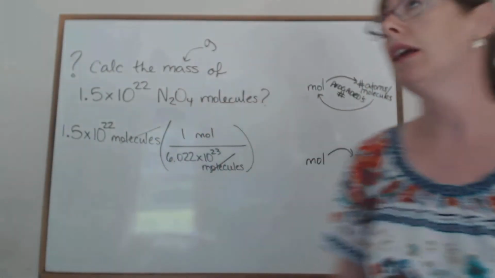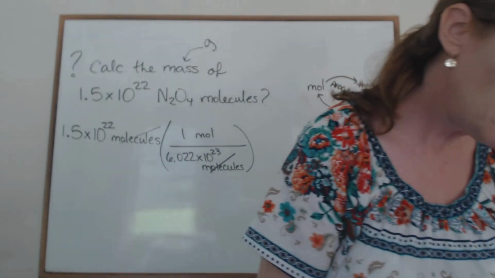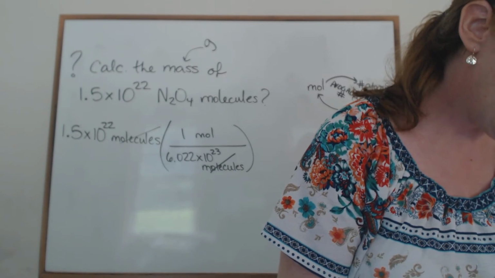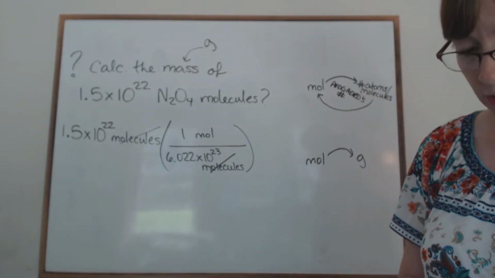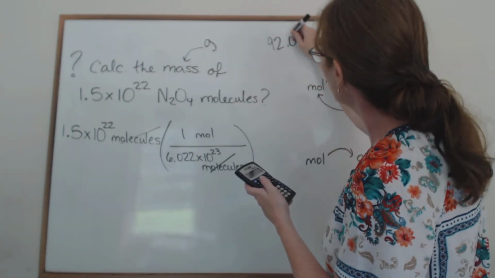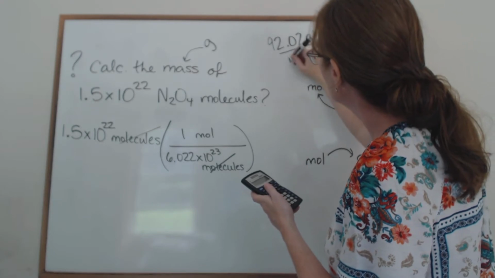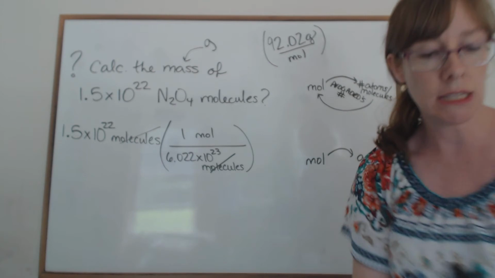All I need is the molar mass. So let's get its molar mass. Got 2 nitrogens and 4 oxygens. So its molar mass is 92.02 grams per mole. You could write that off to the side if you want, or if you're ready to just use it, that's fine too.